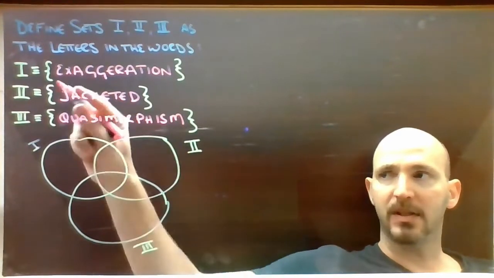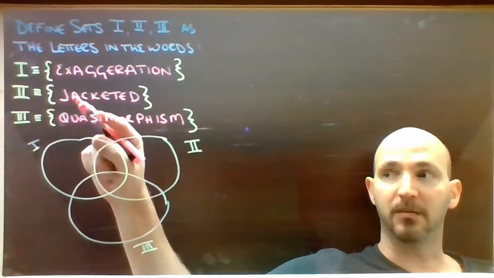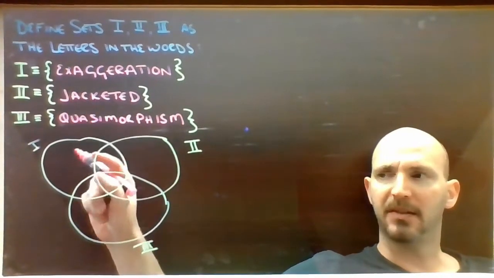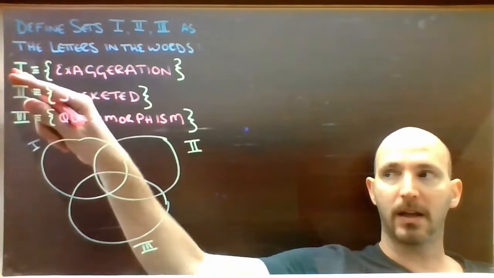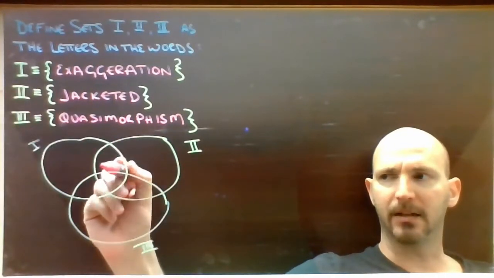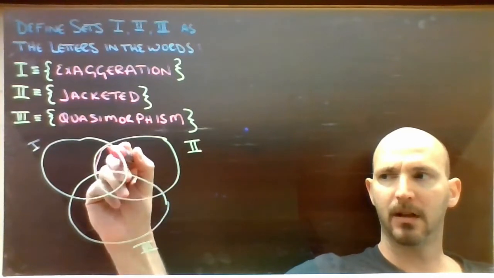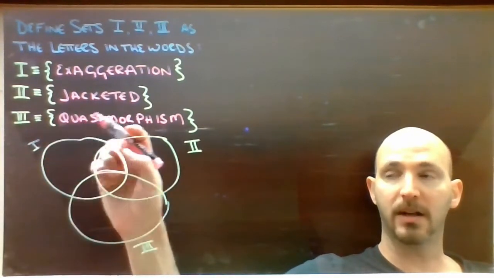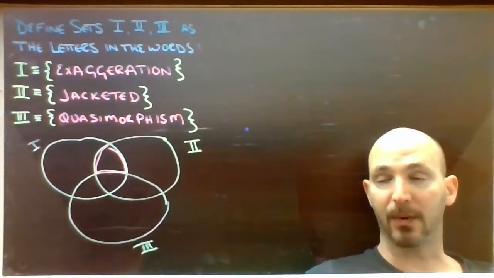You notice that there is an E in both exaggeration and jacketed, but not quasimorphism. So in this diagram, the place where I am in 1 and 2, but not 3, is right here. This segment here. Notice it is within the circle for 1, within the circle for 2, but not inside the circle for 3.